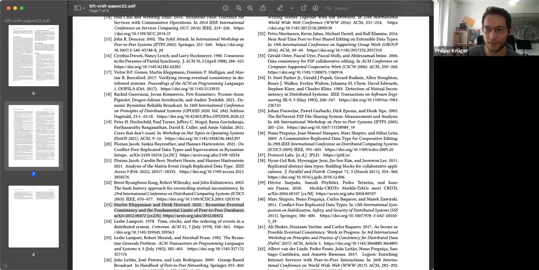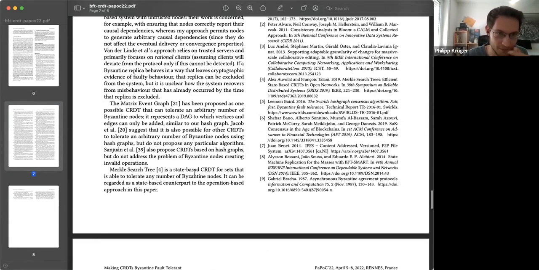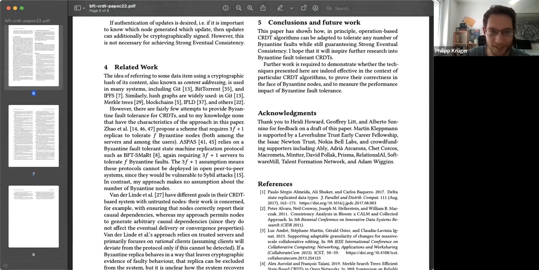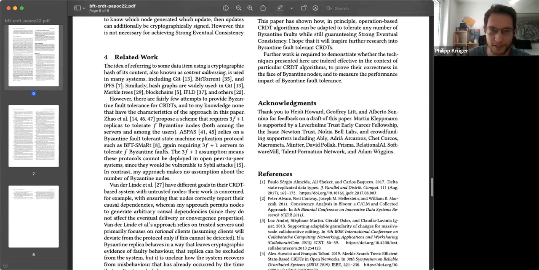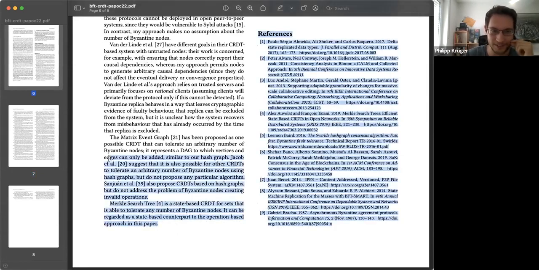I'm thinking of one of the last paragraphs in the paper, on that page on the very bottom left, where he's comparing the operation-based approach of this paper to the state-based approach in the Merkle search tree.